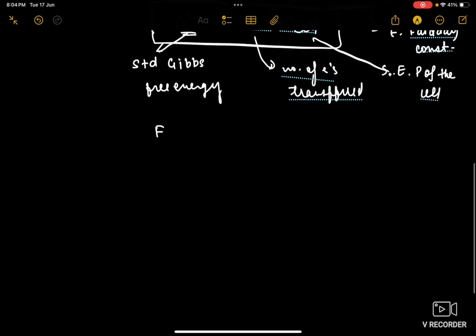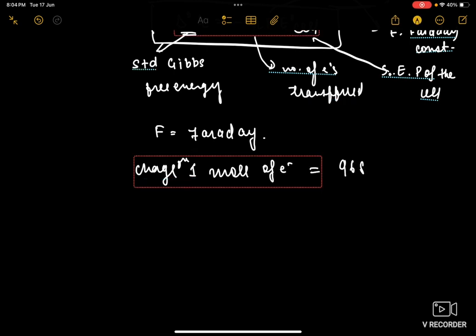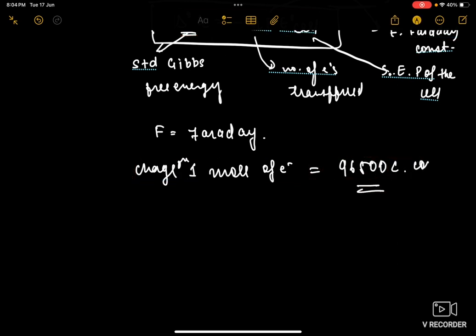So F, the Faraday constant, is simply the charge on one mole of electrons. Its value is constant, and it is 96500 coulomb.